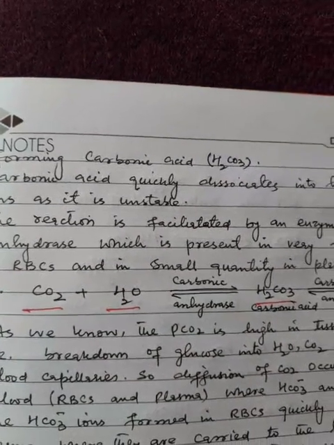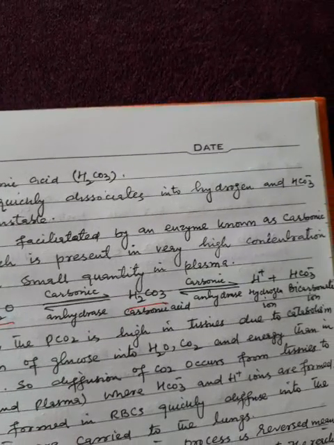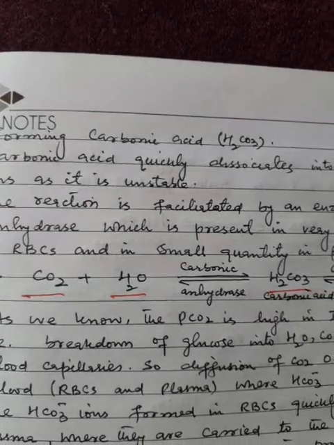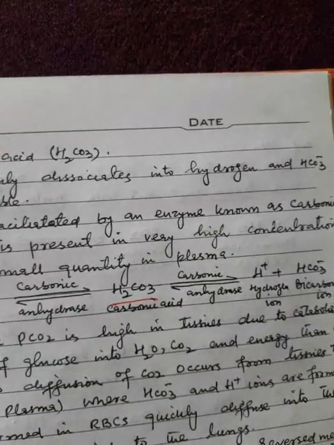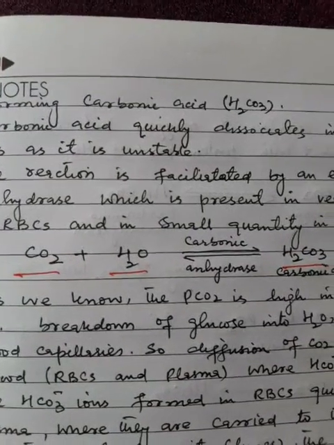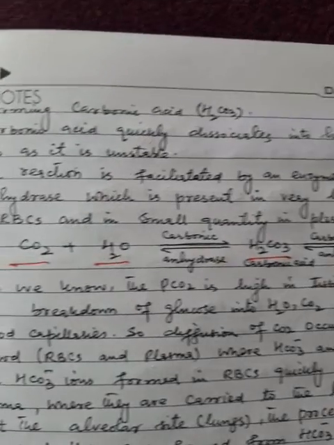The reaction is facilitated by an enzyme known as carbonic anhydrase, which is present in very high concentration in RBCs and in small quantity in plasma.